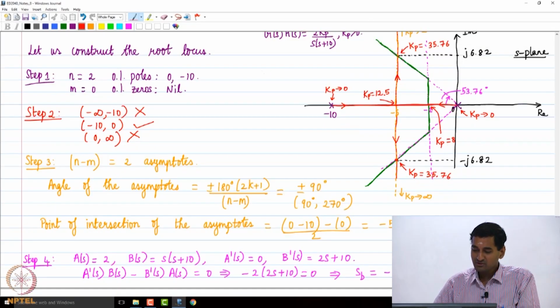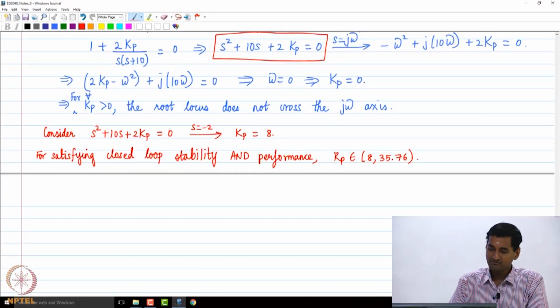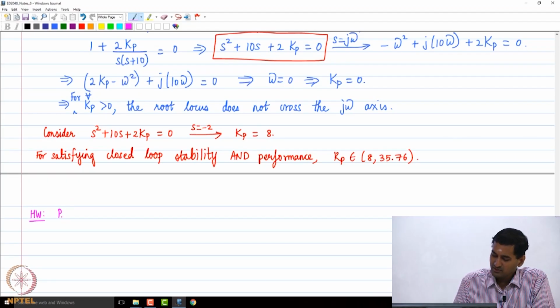Okay. So, what I am going to leave you is a homework problem, just for your own learning process, right. So, plot the root locus for the same system, okay, when Kp is negative.